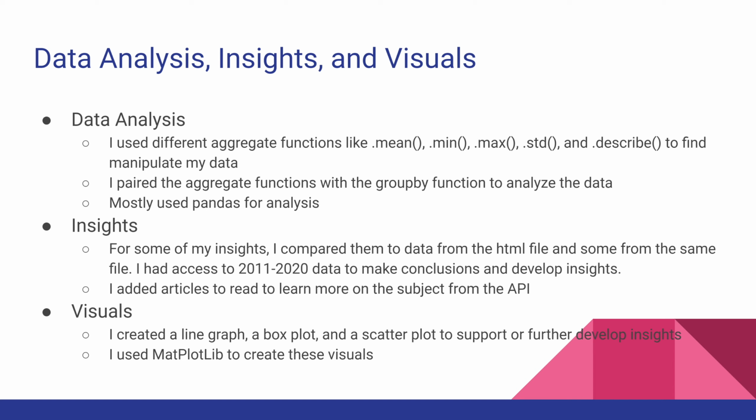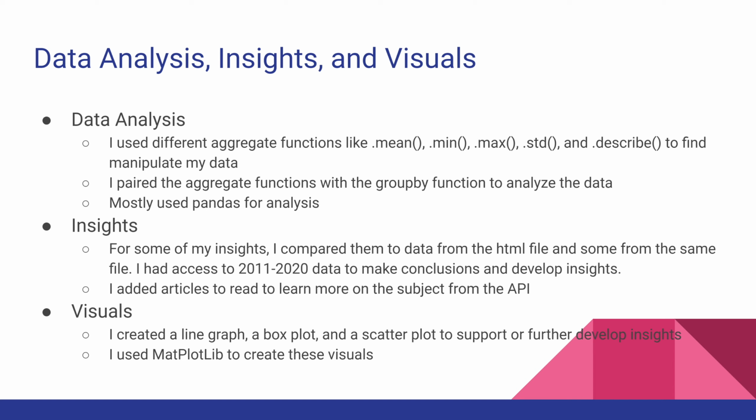For 2018 to 2020, I used the HTML file and the CSV files to find an increase in mental health services. I compared Georgia stats to national stats from the same CSV files, and I found this data by manipulating the dataset to find the specific values.